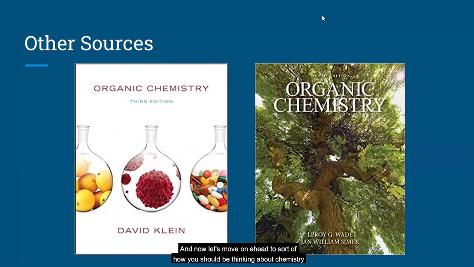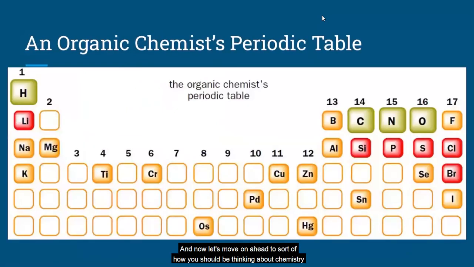And now let's move on ahead to how you should be thinking about chemistry when you study organic chemistry. So organic chemists, again, typically deal with compounds containing carbon, hydrogen, nitrogen, and oxygen, and those will be the elements that you want to be most familiar with when you study organic chemistry.